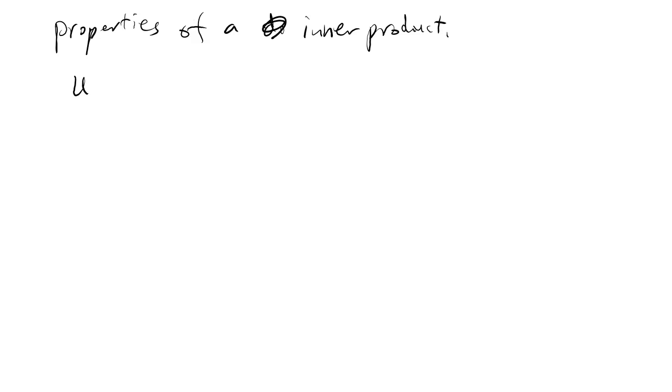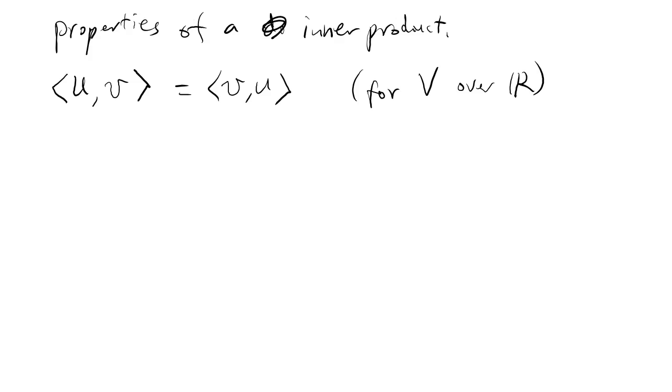First, if you have u and v, two vectors, their inner product is commutative for vector spaces over R. Now, if you have a vector space over C, complex numbers, then the rule changes to give you this complex conjugate.